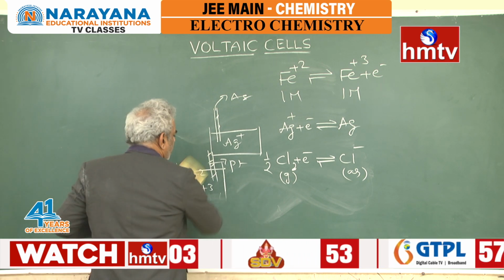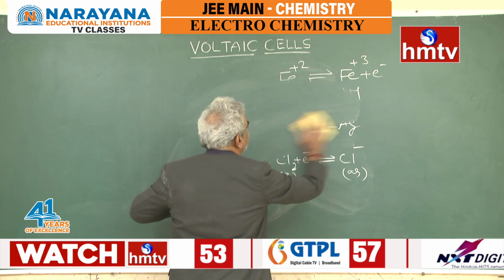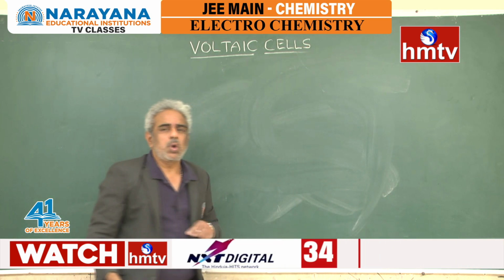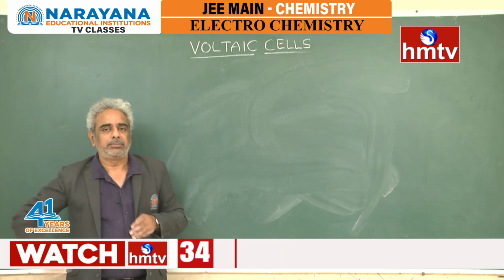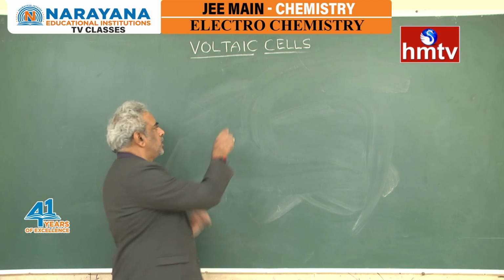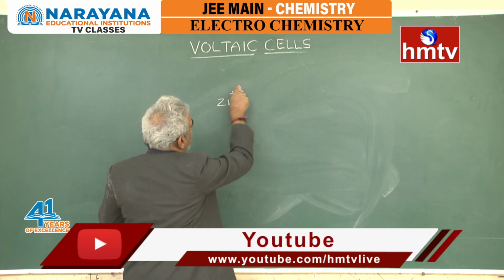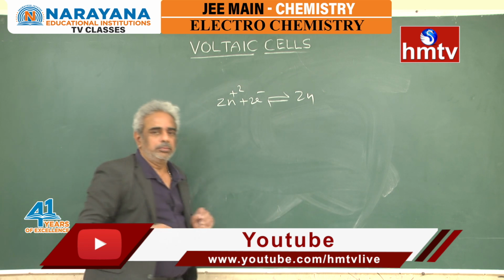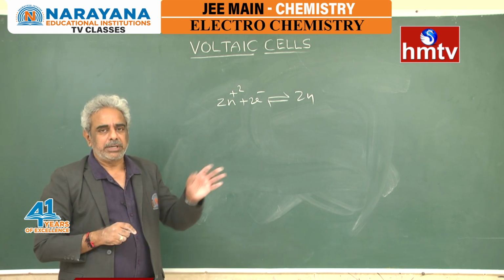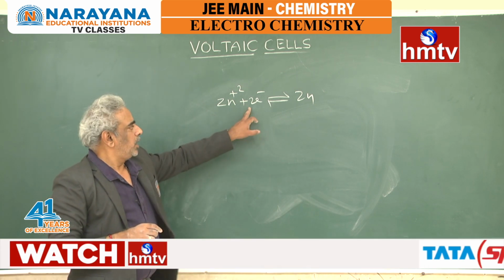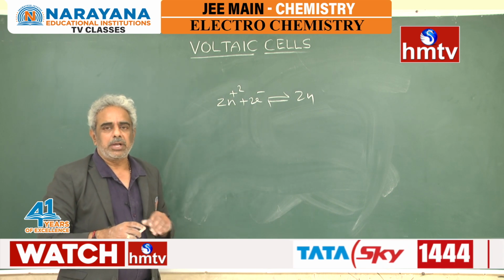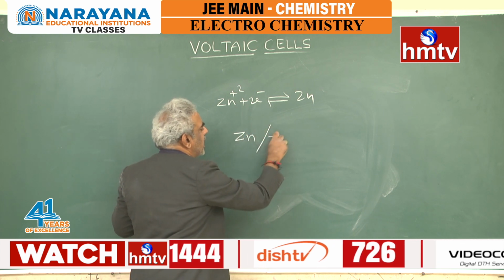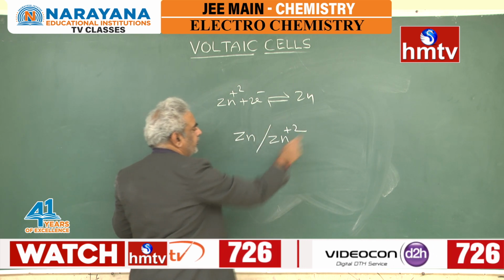Now, we will highlight another point, how to show an electrode on paper. For example, zinc ions in contact with zinc makes a zinc electrode. How to show it? Suppose the zinc electrode is undergoing oxidation, then you can say zinc/zinc ions.